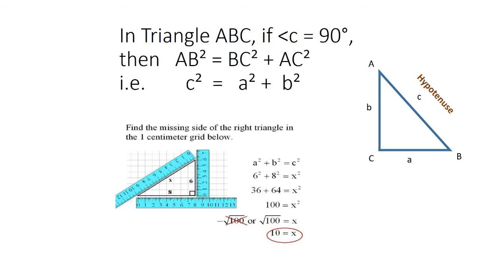Now have a look at an example where we are given two sides, 6 centimeters and 8 centimeters, while the third side is unknown, which is our hypotenuse. By applying Pythagoras theorem, it is calculated that x equals 10 centimeters, while on the figure, the ruler is showing x equals 10 centimeters.